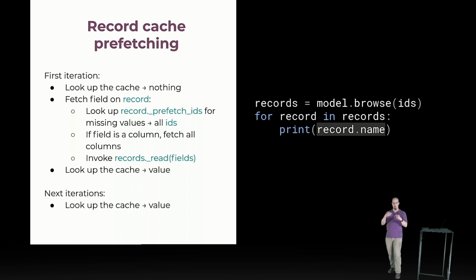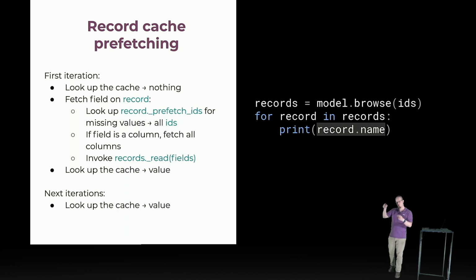After that, you look up the cache again for the record and you find the value. If you don't find the value, it means probably an error happened, or you've got an access error. You cannot access this field on this record, something like that.